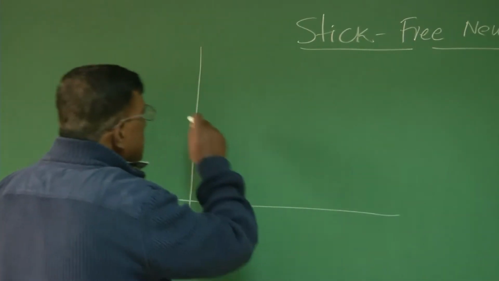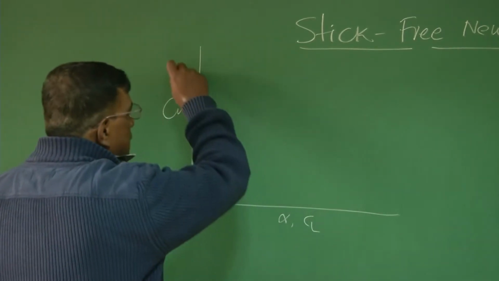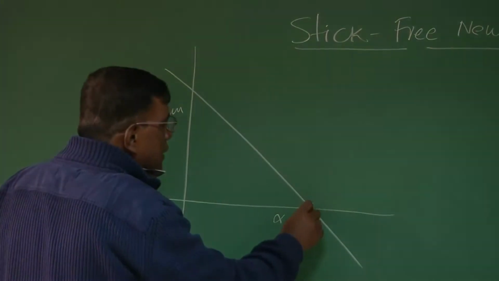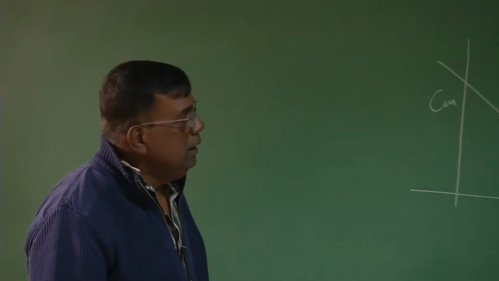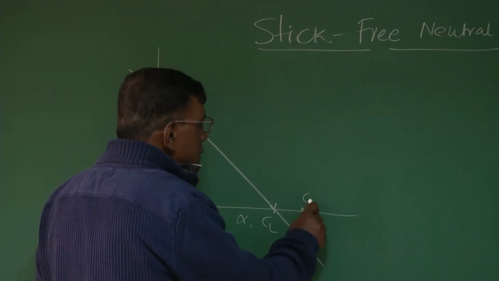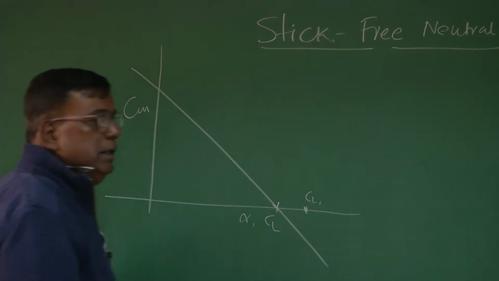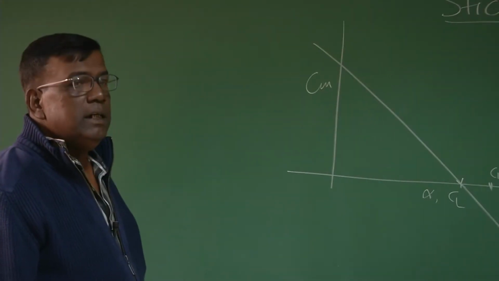Please understand, if I see the Cm versus alpha or CL graph, it is something like this, right? And this point is the trim point. Now, suppose you want to fly at this CL, the CL1. What is the action the pilot should do?